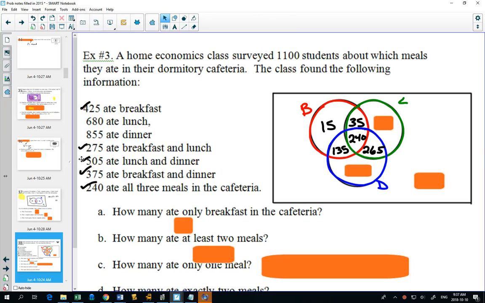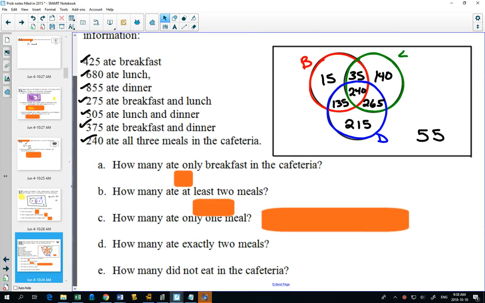All of these have to add up to 680 in the green. And 855 ate dinner. All of those would have to add up to 855. Now that we have all those numbers, there's 1,100 students. You'd subtract all those off from 1,100 and get 55. So figure out these probabilities.